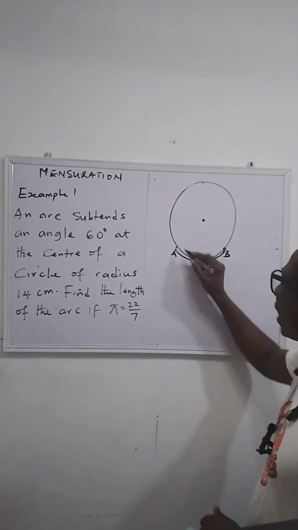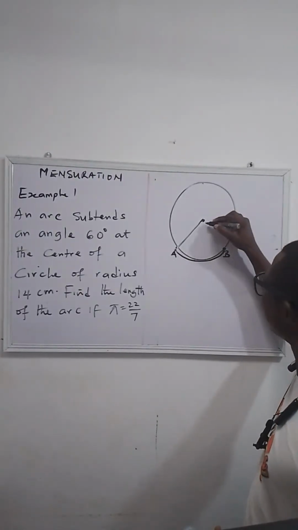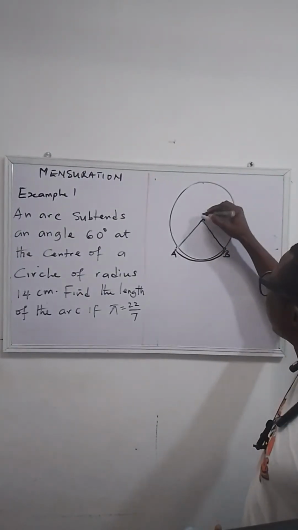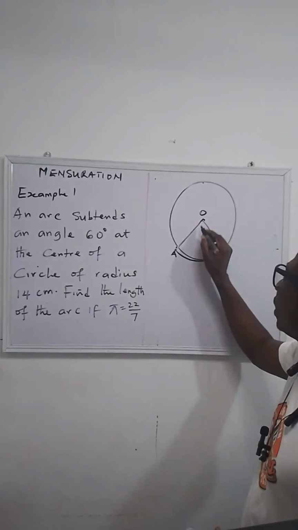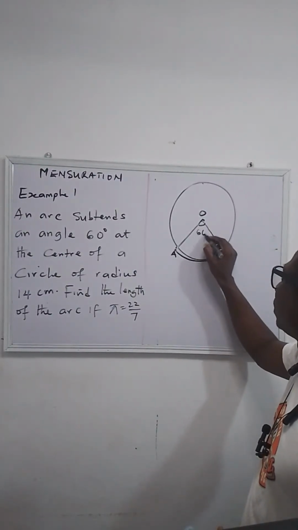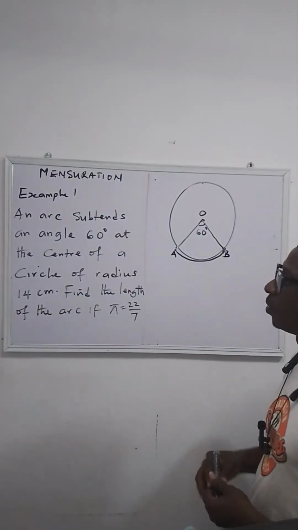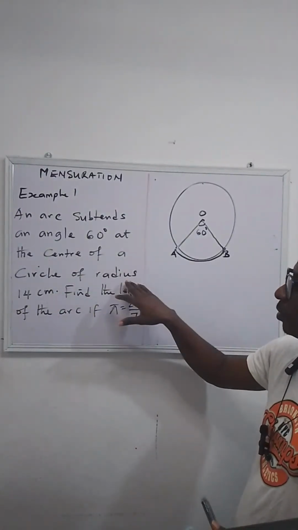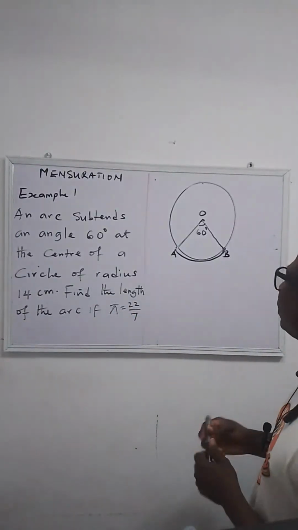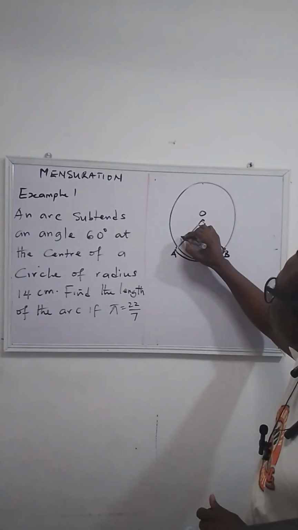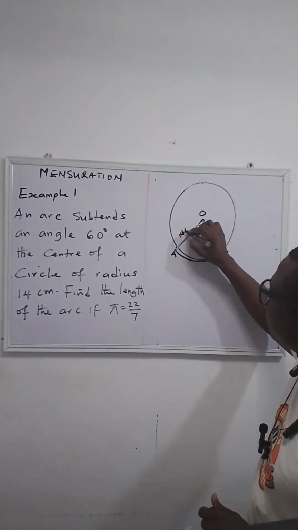Now this arc subtends an angle at the center of the circle. Let's say the center is O. The angle subtended is 60 degrees according to the question. The radius is 14 centimeters, so this place is 14 centimeters.